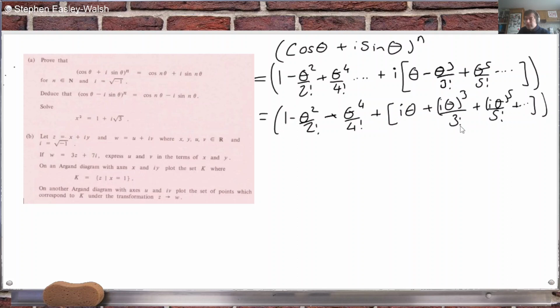So now these all can be written like this. And then you realize you can do something similar here at the front. You can change the 1 into i to the power 0. You can change minus theta squared into plus i theta squared, because i squared is minus 1. And i to the power 4 is plus 1.